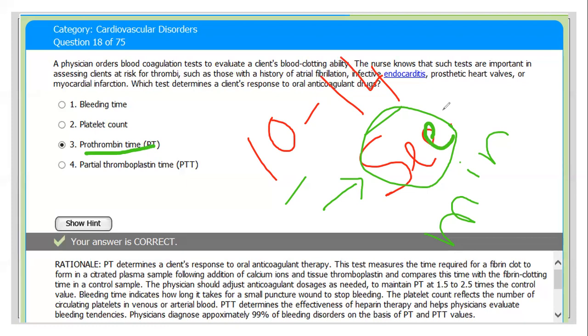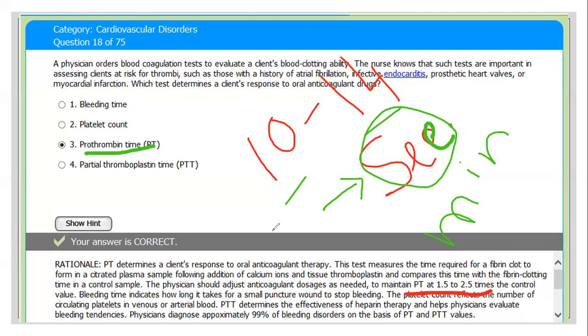The physician should adjust anticoagulant doses as needed to maintain PT at 1.5 to 2.5 times the control value. Maybe a question came to your mind. I said 10 to 14. Why does it look like this? 10 to 14 seconds is the normal range of prothrombin time.